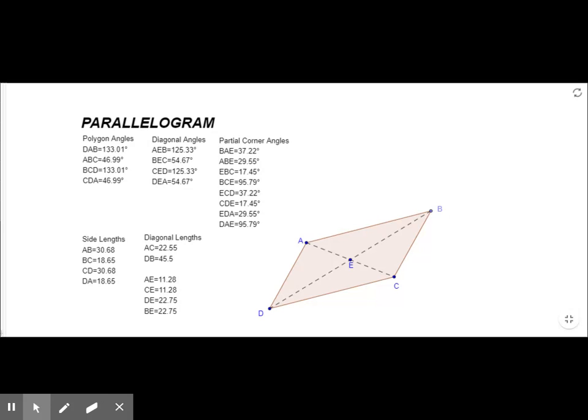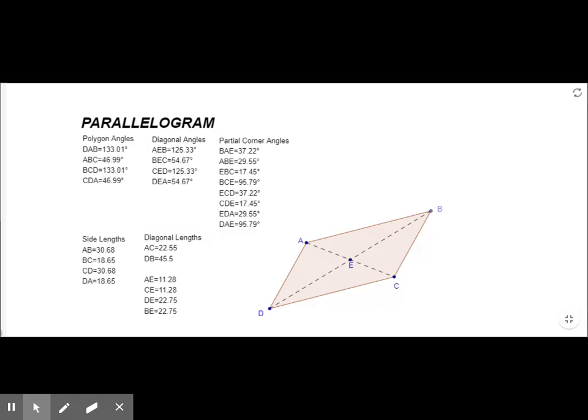All right, the second question wants to know, are any of the sides perpendicular? So if they're perpendicular, we know they should form 90-degree angles. Well, did any of the polygon angles end up being 90 degrees in my picture? No. Okay. Could I have made them 90 degrees?